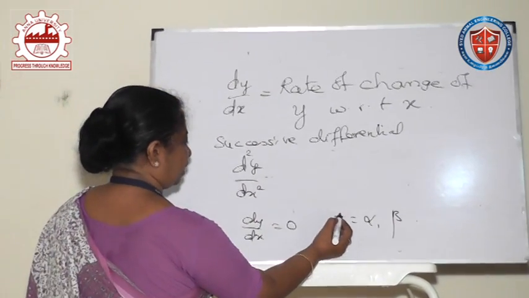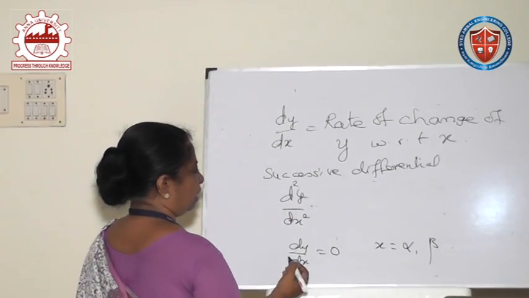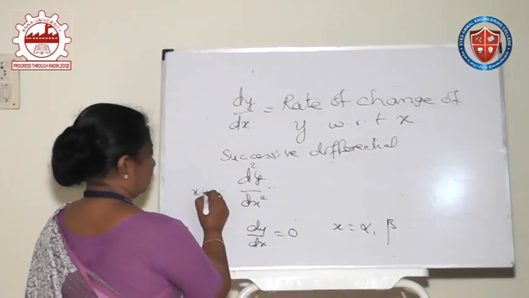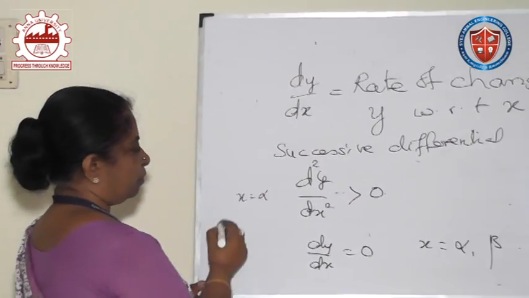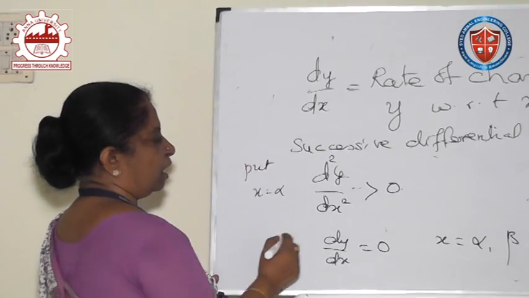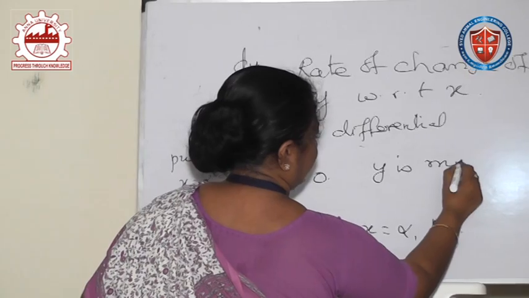When I substitute x equal to alpha in my d square y by dx square, and I get d square y by dx square greater than 0, then I say that y is minimum.